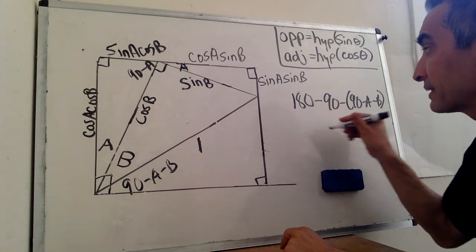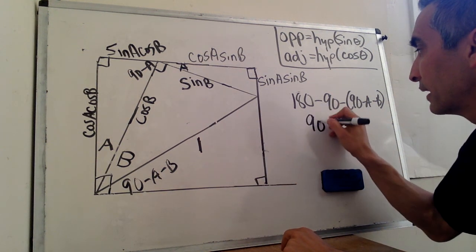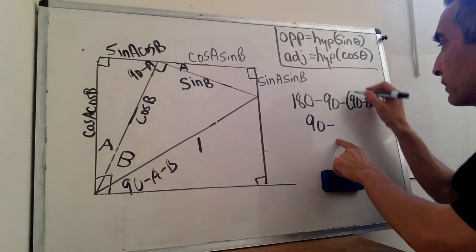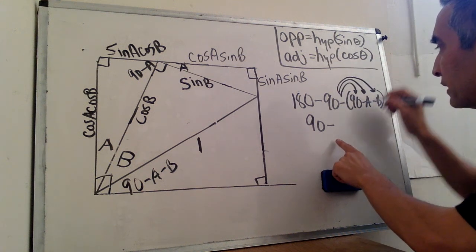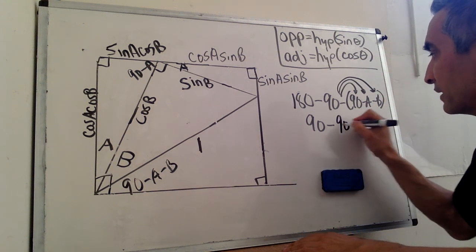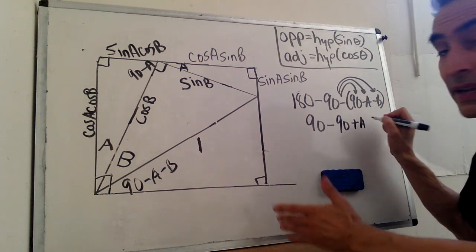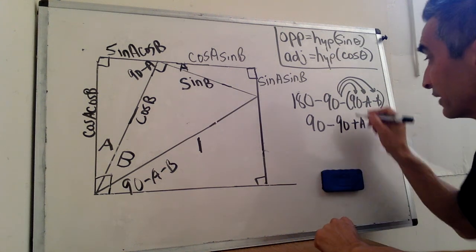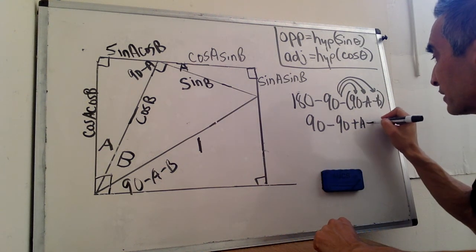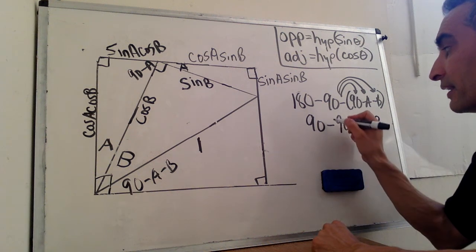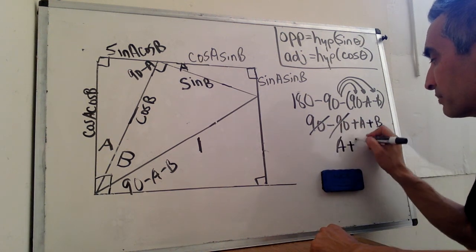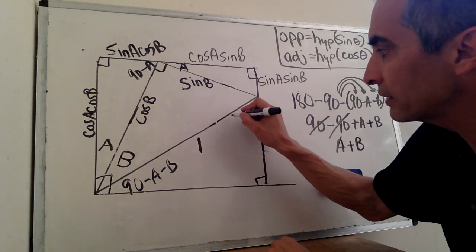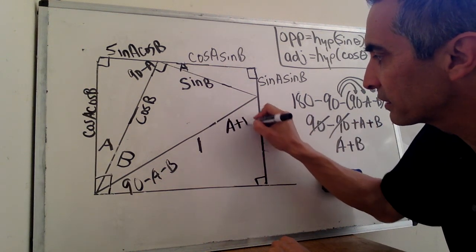So 180 minus 90 equals 90. And then we distribute the minus to the 90, to the negative A, and to the negative B. So we have minus 90 plus A, because a minus times a minus is a positive, and then minus times minus here is a positive B. And then the 90 minus 90 goes away. So we end up with A plus B. So this angle right here is A plus B.